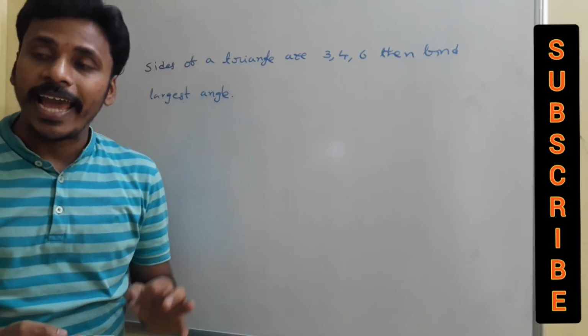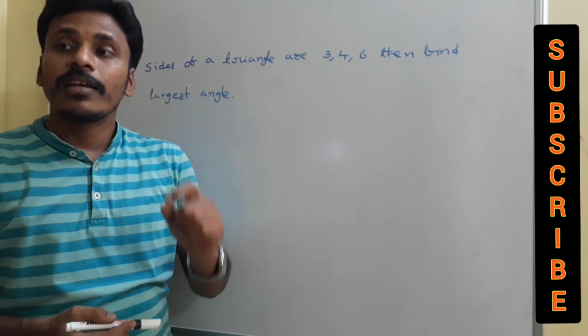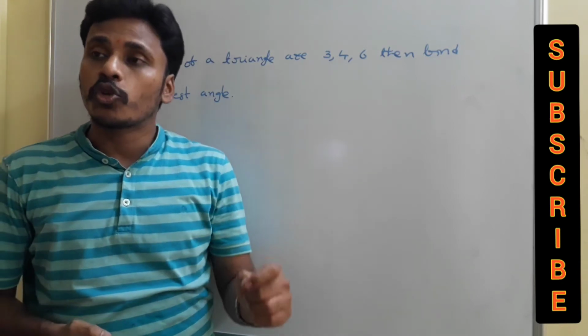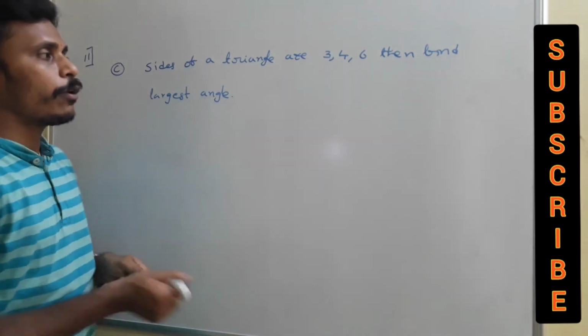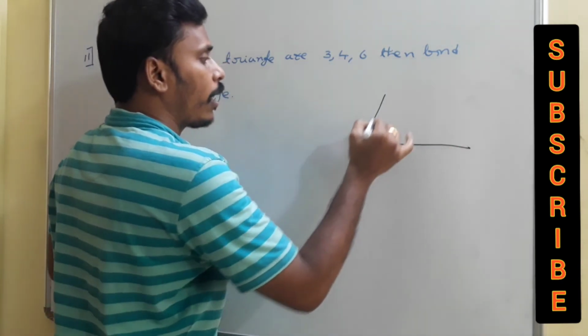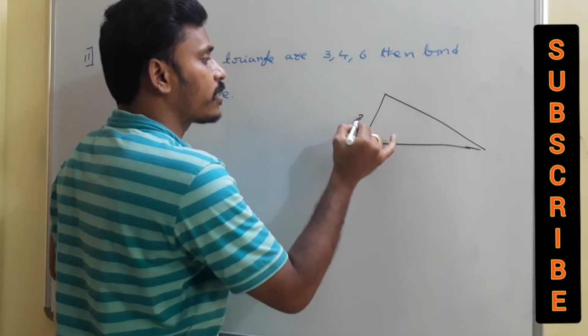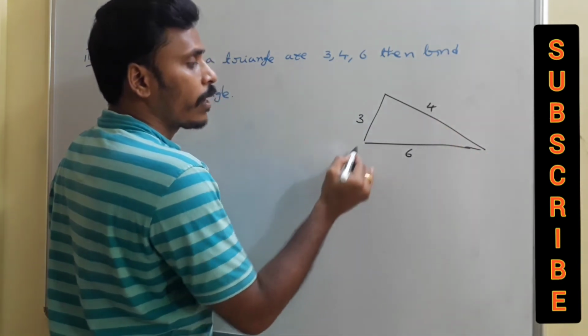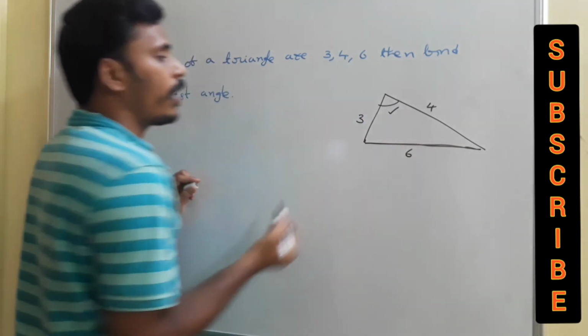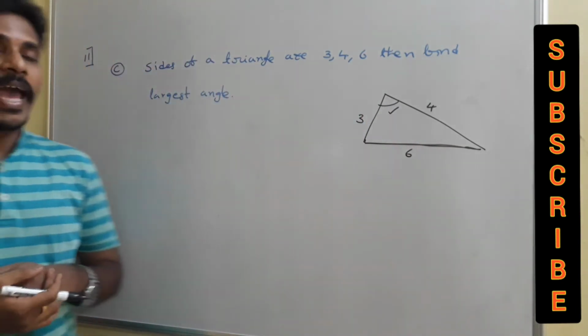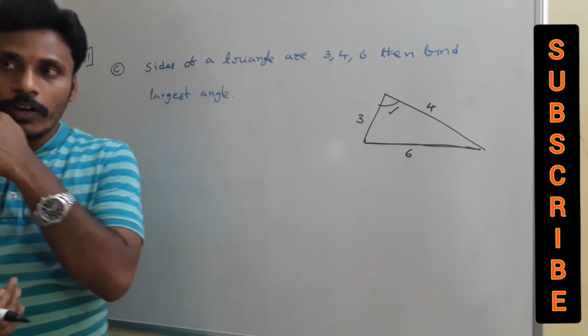Usually, the largest angle of the triangle is the angle opposite to the largest side. For example, if you take a triangle and mark the side lengths as 3, 4, 6, the angle opposite to the side of length 6 is called the largest angle of the triangle, and that's what we need to find.